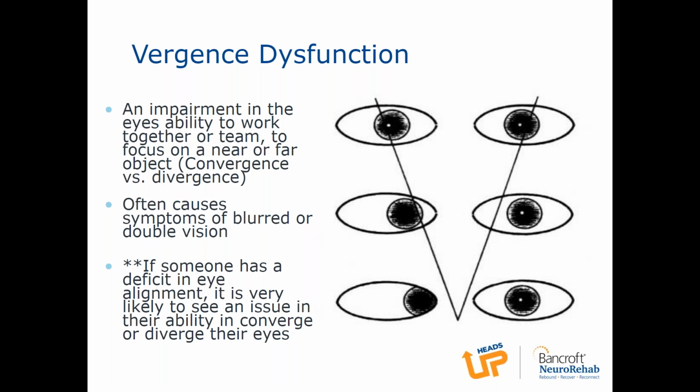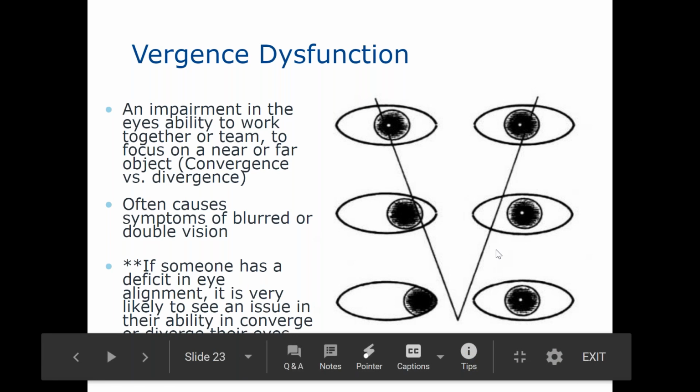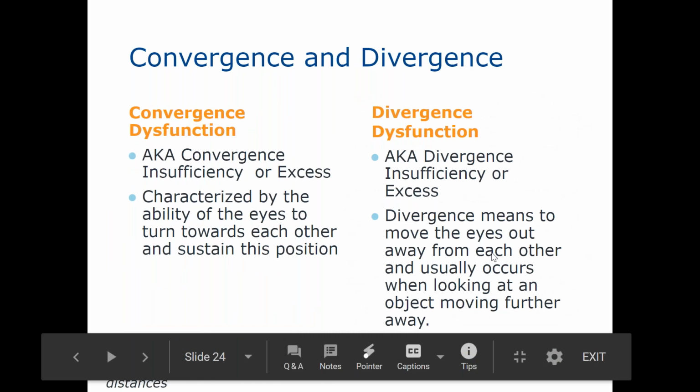It's often going to cause symptoms of blurred or double vision. And if someone has a deficit in eye alignment, which going back a couple slides previous, it's very likely that we're going to see an issue in their eyes' ability to converge or diverge. So secondarily, they're going to have a lot of eye teaming dysfunction in addition to the alignment issues.